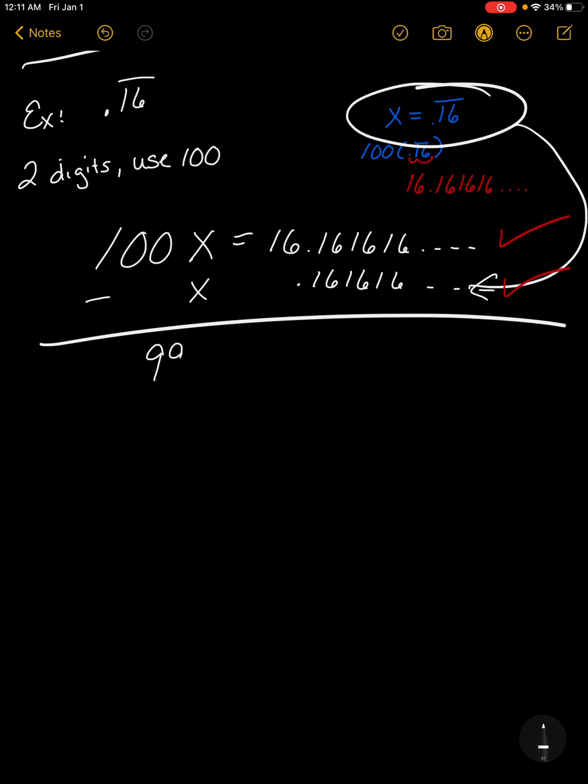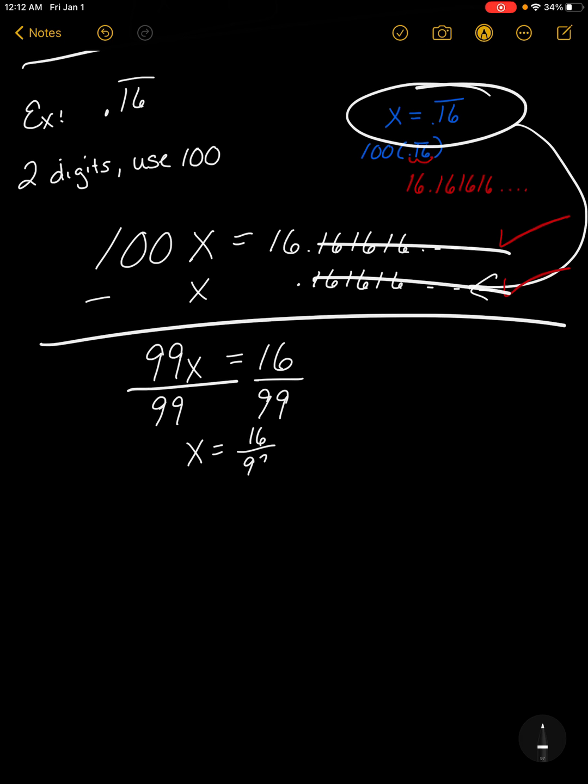That's all you're doing. All right, so 100x minus x this time is 99x. And 16.16 repeating minus 0.16 repeating gets rid of all of that repeating junk. That is the point. So that's going to equal 16. Then you're going to divide by 99. Okay? And so x should be 16/99.